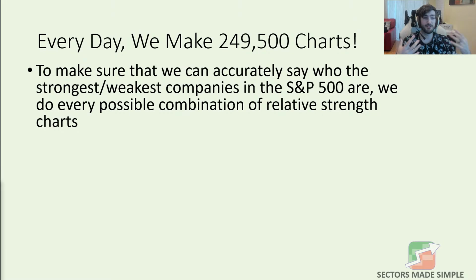If you're familiar with sports or any sort of competitive game, you'll be familiar with the term round robin. We create a round robin out of the S&P 500, grading them on their short-term and long-term strength.